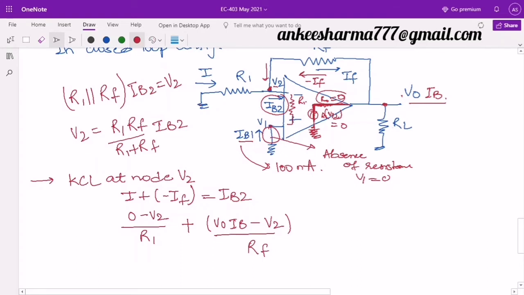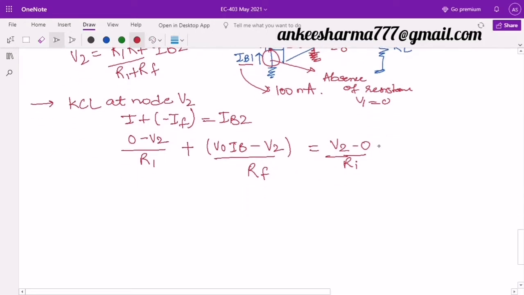So if I assume this RI also, although I don't need to use it because RI is very, very large, so it will come out to be 0, but still if I use it, later I will reduce it to 0. It will be V2 minus 0 by RI, because the current flowing in this branch is going to ground.